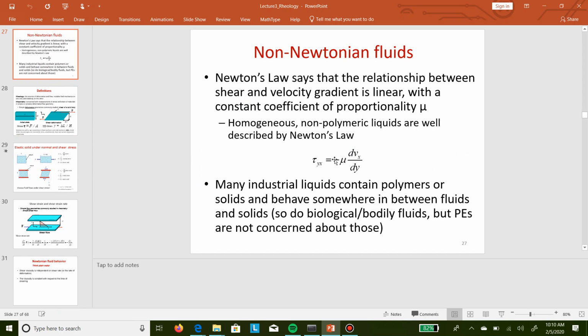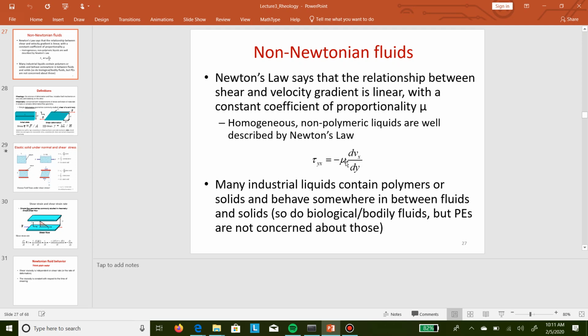Basically, shear strain rate, or gamma dot, is minus dvx/dy. So what this says is that shear stress, tau yx, is mu times gamma dot. Yes? So it's proportional, and this mu for a Newtonian fluid does not depend on the shear rate. So Newtonian fluids are nice, mu is a constant.